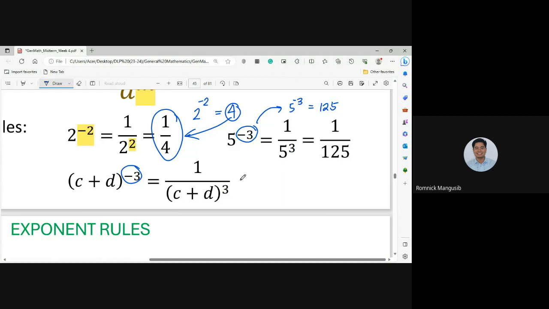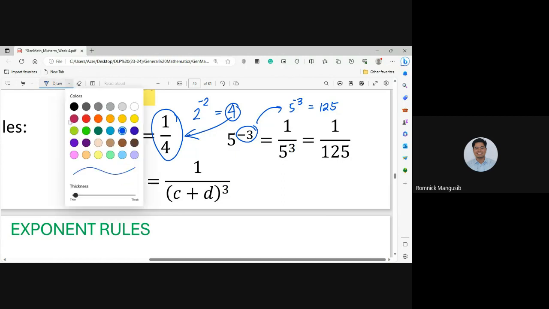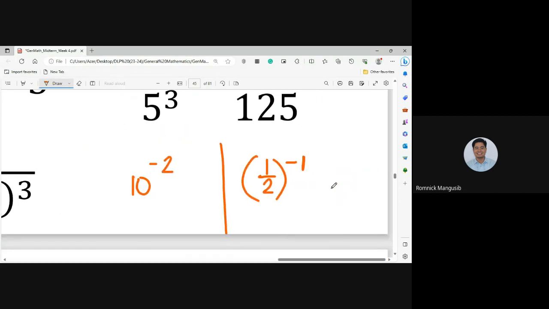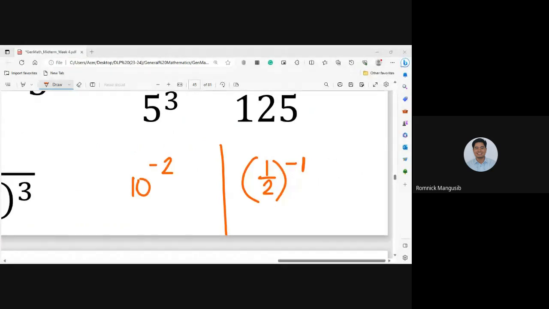Ngayon, magbigay ako ng just two exercises and then i-comment nyo yung sagot nyo. What is the equivalent of 10 raised to negative 2? And what is the equivalent of 1/2 raised to negative 1? Okay. Please comment your answer in just 20 seconds. Then, sagutan natin agad. Let me know your answers, class.